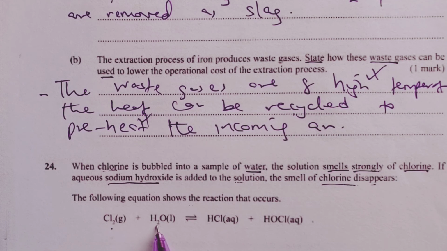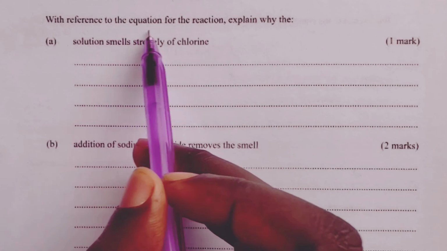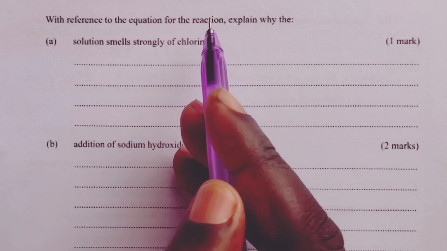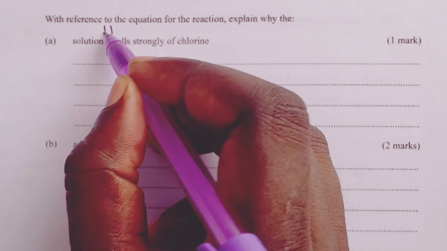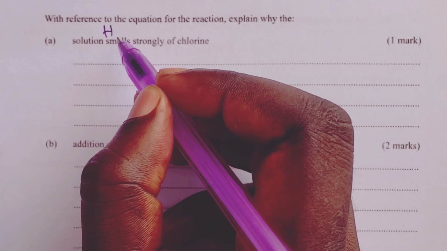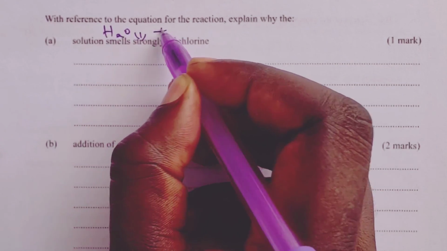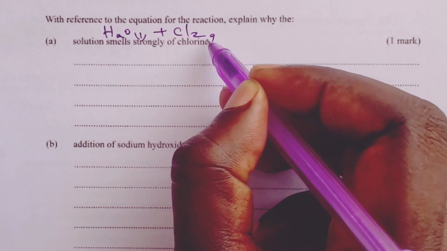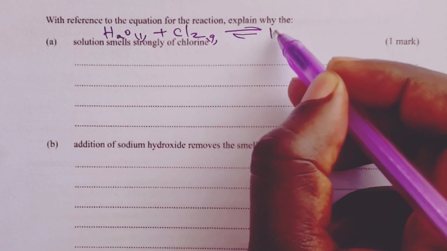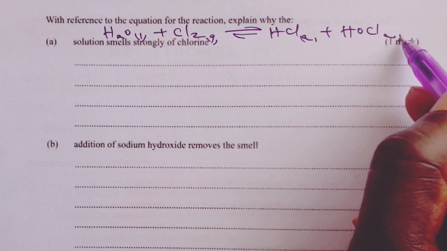Of course, chlorine and water reversibly reacting to produce HCl and HOCl. So we are told that with reference to the equation for the reaction, chlorine of course reacts with water reversibly to form HCl and hypochlorous acid.